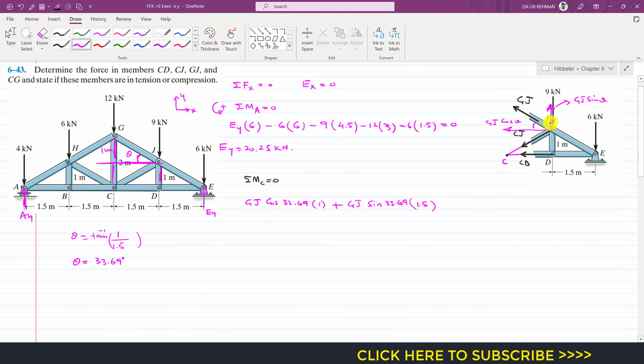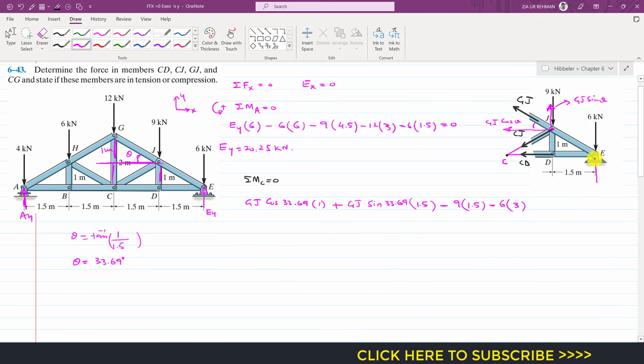and this 9 kilonewton force is producing the clockwise moment about that point C. So I will write minus 9, and the moment arm of this 9 kilonewton force from that point C is 1.5. Similarly, this 6 kilonewton force is producing the clockwise moment, so I will write minus 6, and the perpendicular distance of this 6 kilonewton force from that point C is 1.5 plus 1.5, so that is 3.